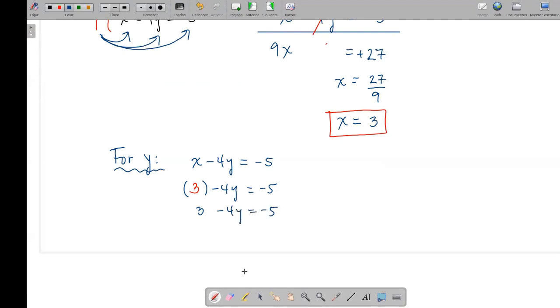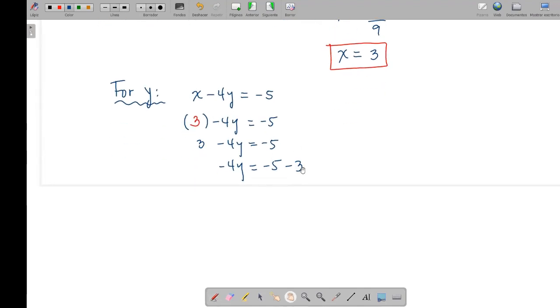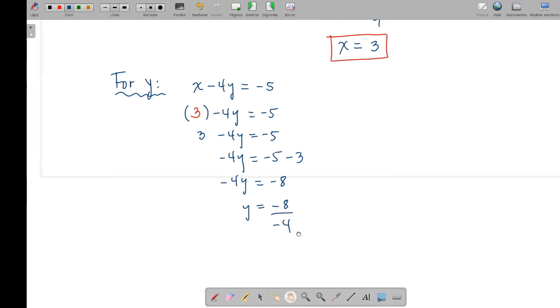I'm going to group all the numbers at the right and the variables at the left. Because the 3 was positive, now it's negative. This is minus 8. Isolating the y, minus 8 divided by minus 4. In division, negative divided by negative is positive.